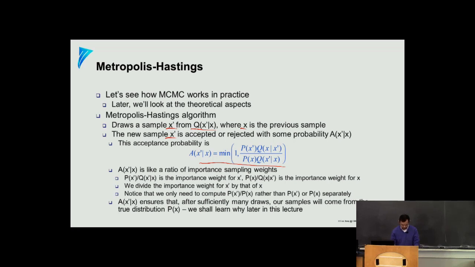On the top, it is the importance weight of the x prime. It is defined by the probability of this new sample under the target, multiplied with the transition. And at the bottom, it is the importance weight of the older example.